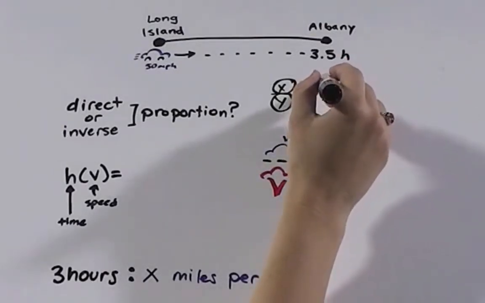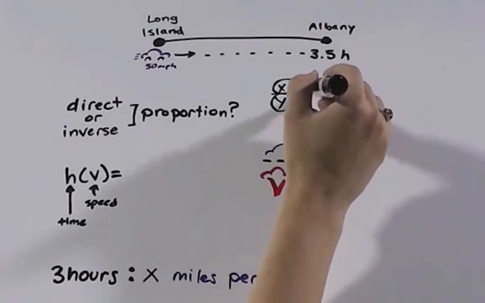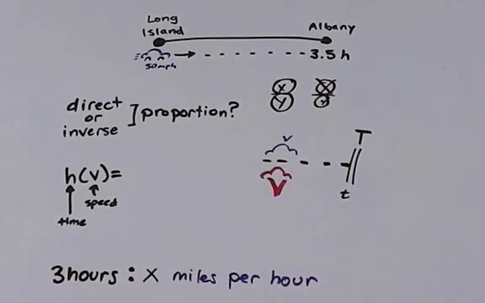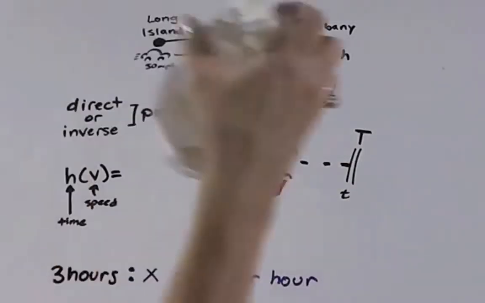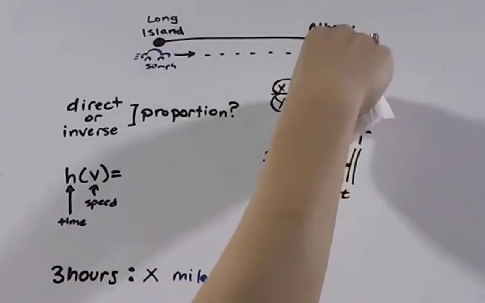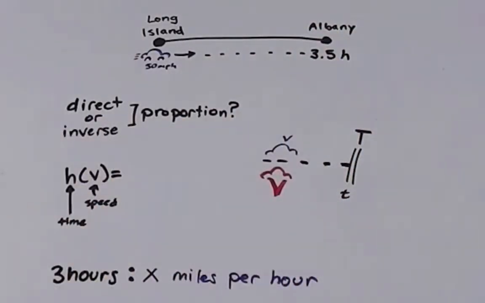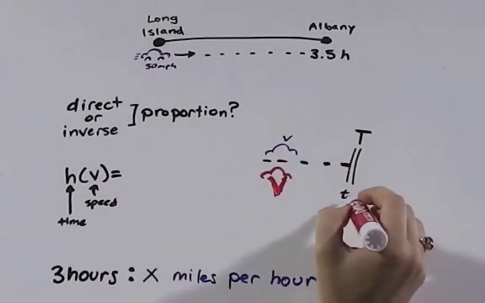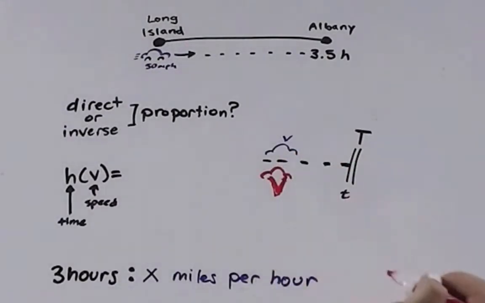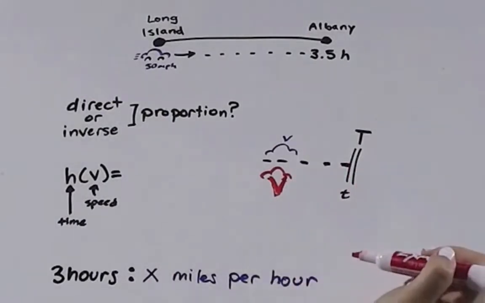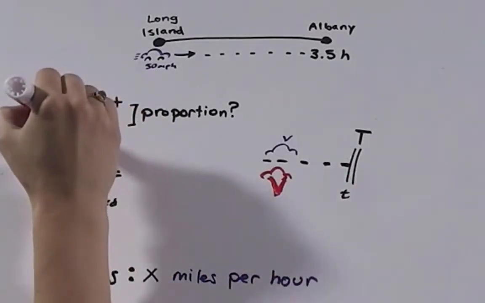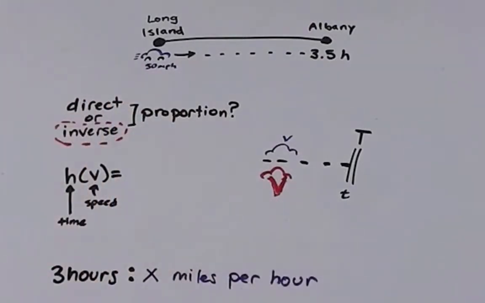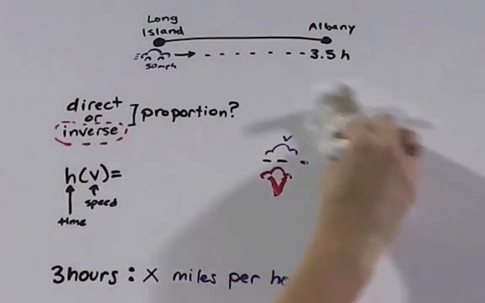But if as x gets bigger, y gets smaller, that's called an inverse proportion. So as speed gets bigger, the time it takes to get to the end is smaller, and vice versa, which means we're looking at an inverse proportion. So that's the answer to the first part of the question.